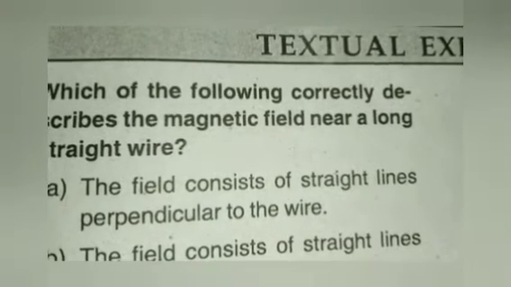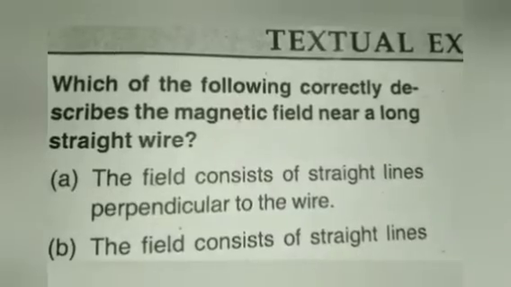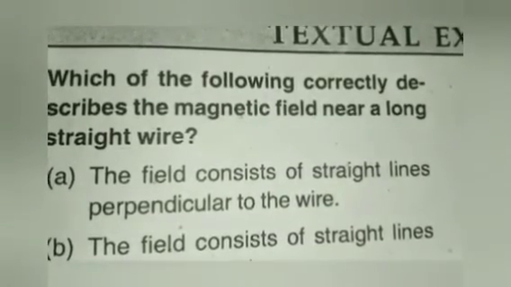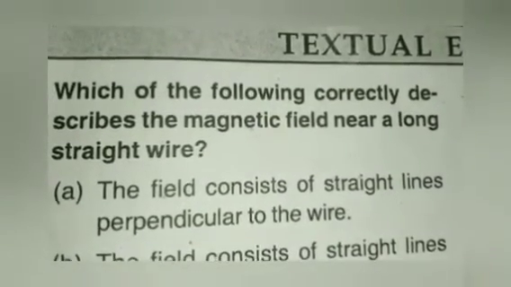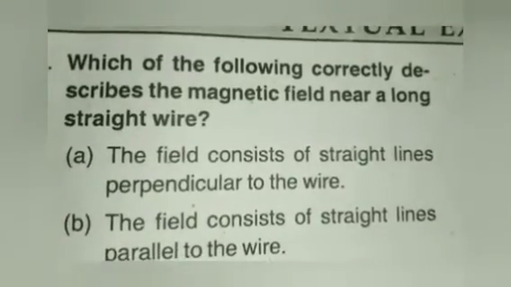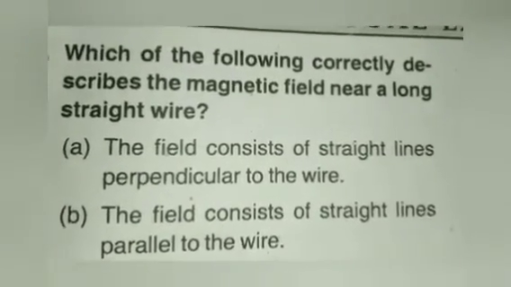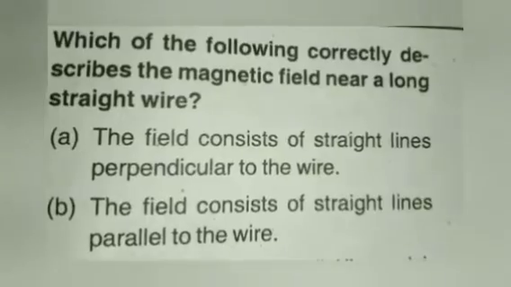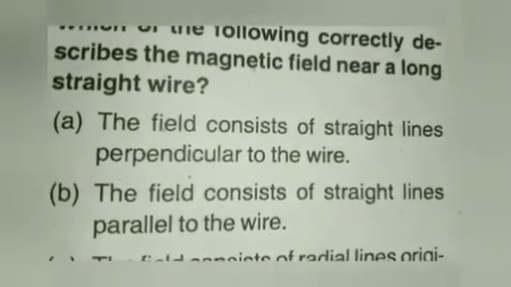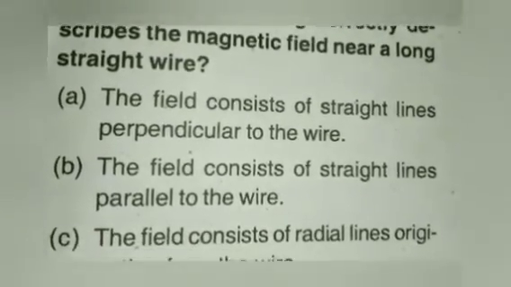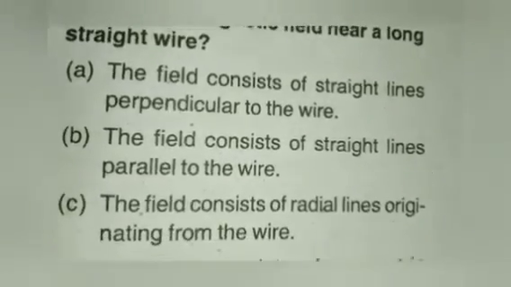Here is question number 1. Which of the following correctly describes the magnetic field near a long straight wire? Option A. The field consists of straight lines perpendicular to the wire. Option B. The field consists of straight lines parallel to the wire.